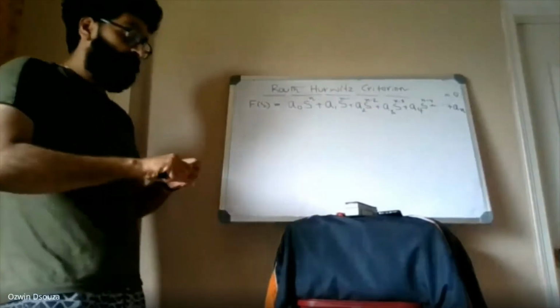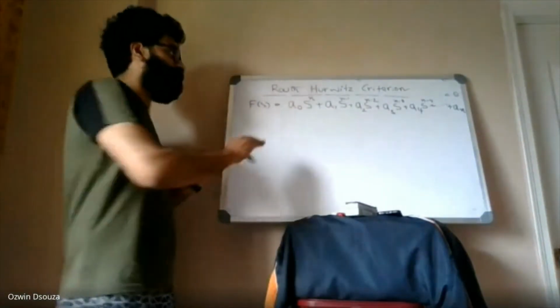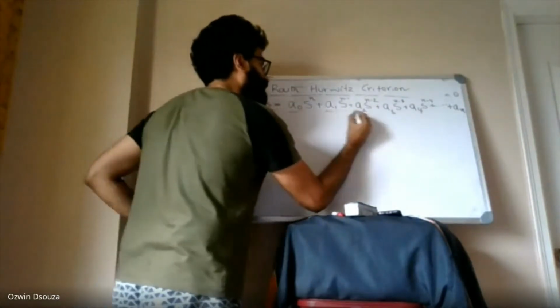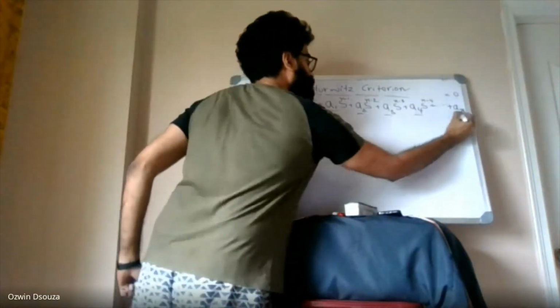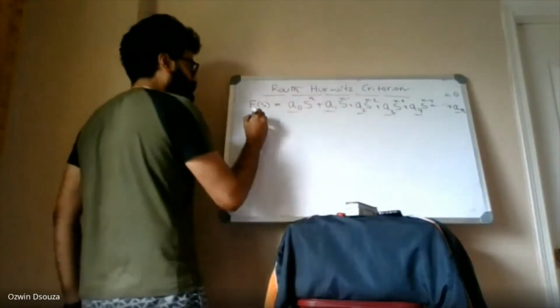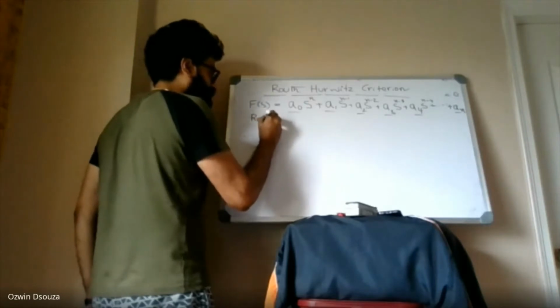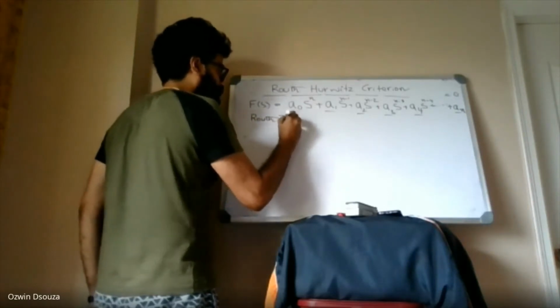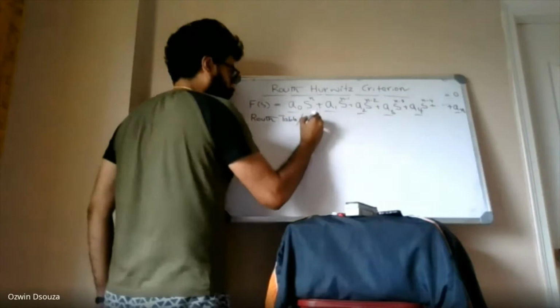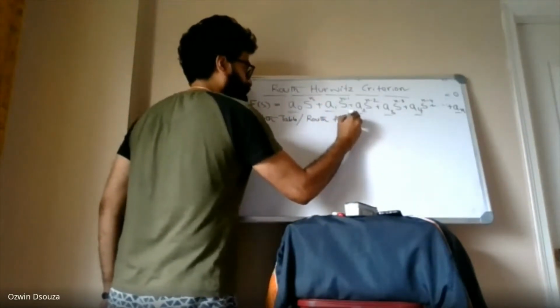All right. Once you have the characteristic equation, from its coefficients, which I have underlined, you can create something known as a Routh table, or Routh array.